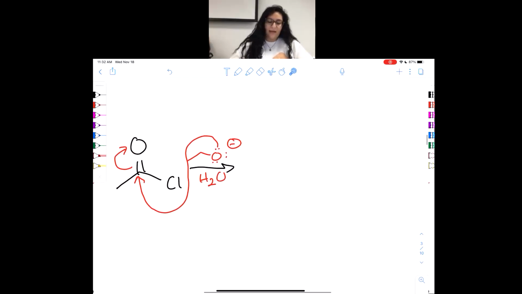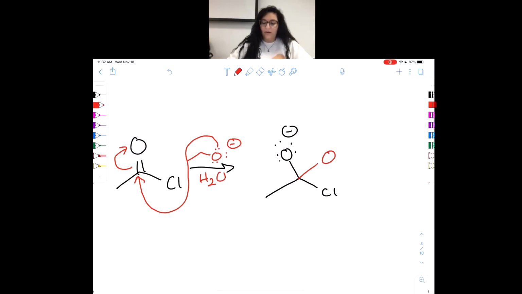So if we do it like that, in the next step, we have O minus up here, and we added our O with an R group. So we have a minus charge. What are two things that we can do to get rid of that charge?